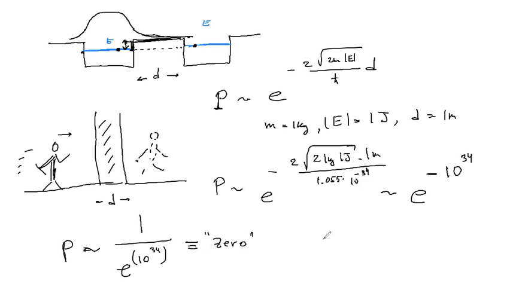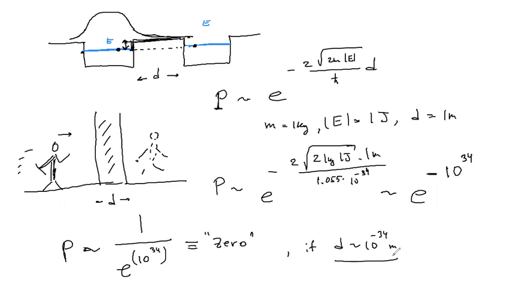So of course, if your distance is 10 to minus 34 meters, you can tunnel through this, yeah? Because the small distance will compensate for the small Planck constant. But what is this? It's significantly less than the size of a quark or a proton and neutron inside a nucleus.